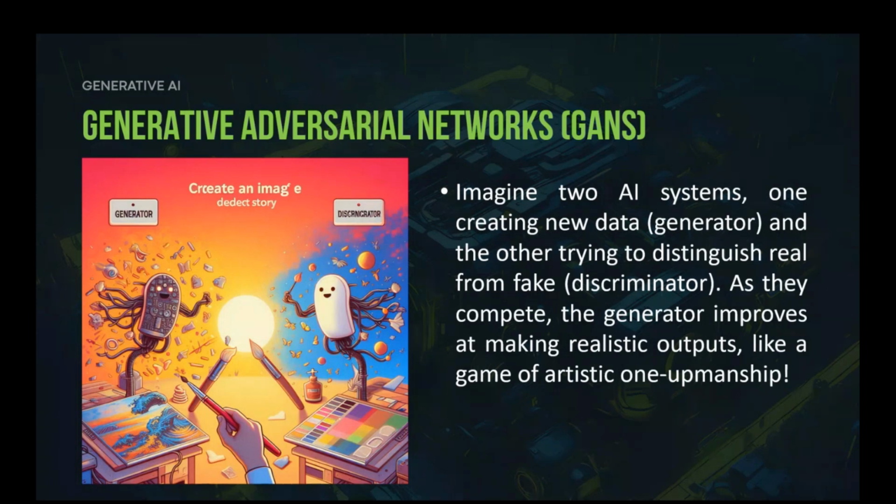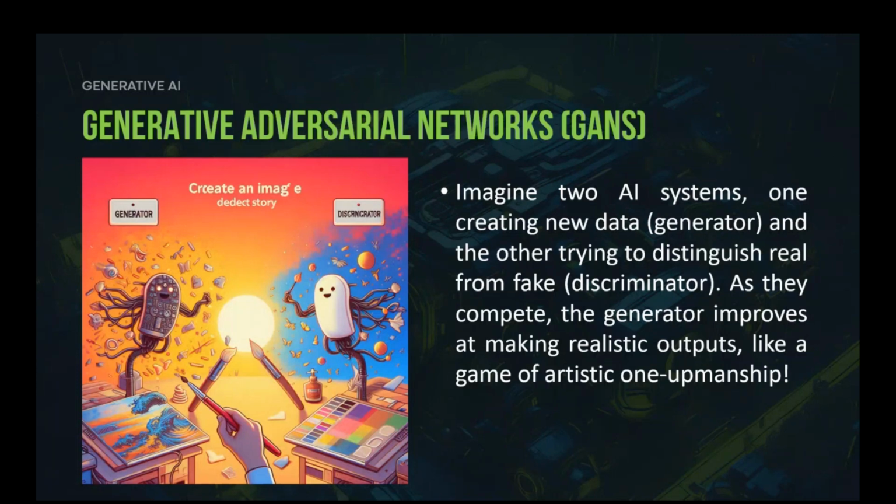Initially, it may be easy for the discriminator to find a mistake, but as the generator is improving, the discriminator also has to improve to find the mistake, right? So the generator is producing new content, the discriminator is trying to fine-tune the output, and finally, after many iterations, the discriminator would not be able to differentiate between the fake and the real one.